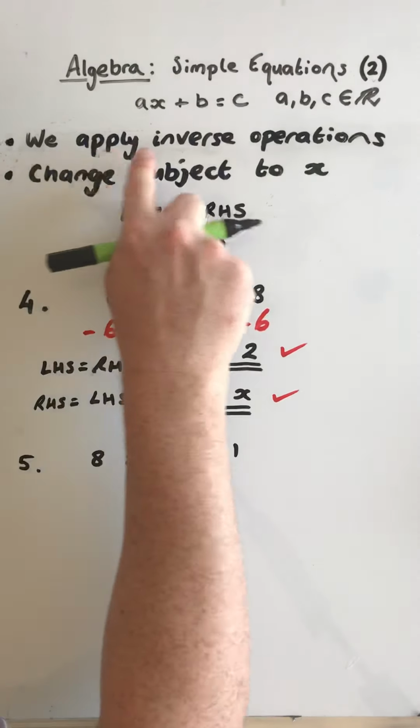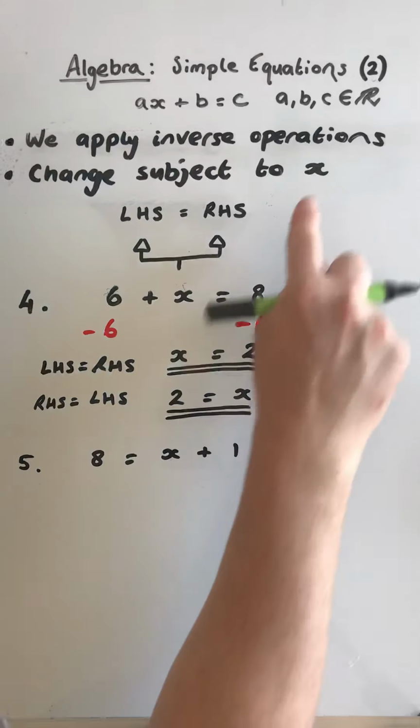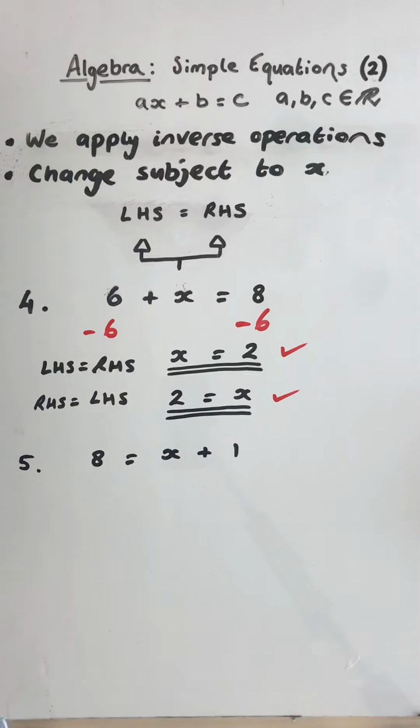We want to apply the inverse operations. We want to change the subject to x, right? So that means that we want x on its own. When you have the variable on its own, then this is the subject.